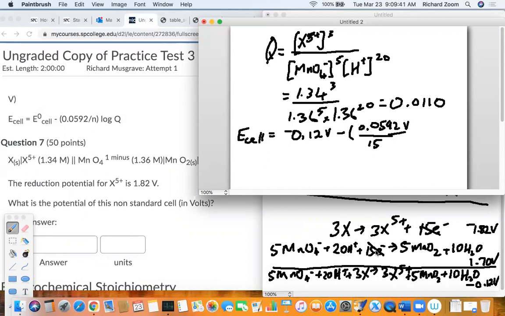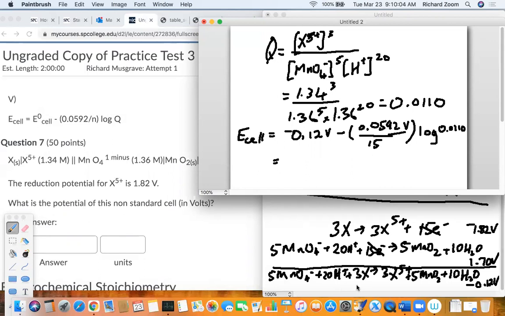The 15 is from the electrons, what they were to make them even. And that's log to base 10 of 0.0110, not natural log. Does anybody have any questions?